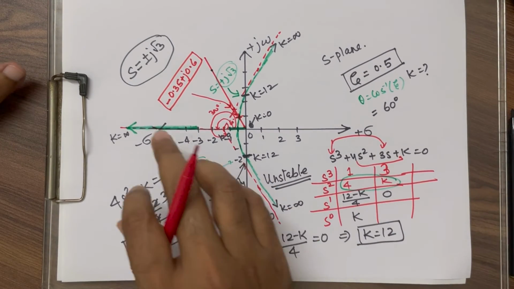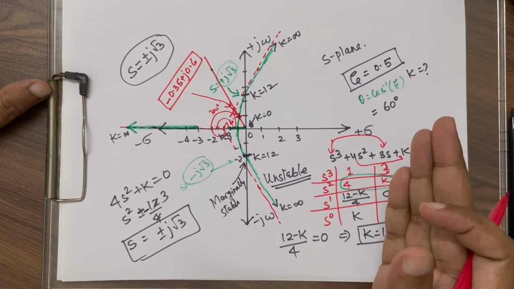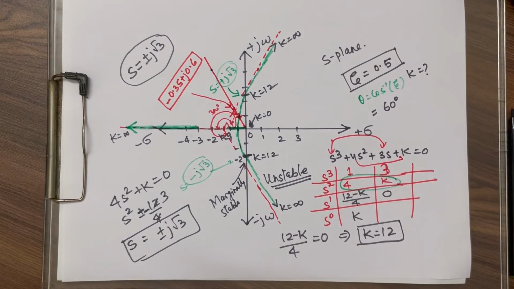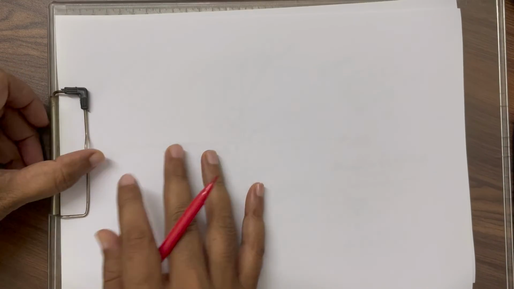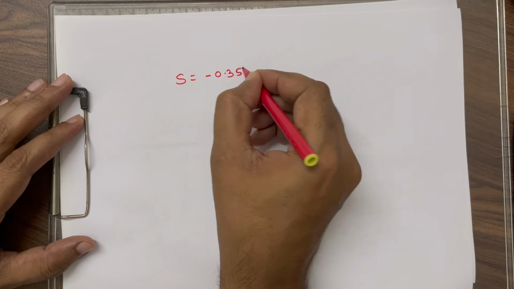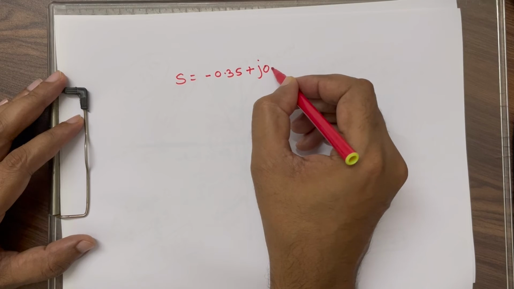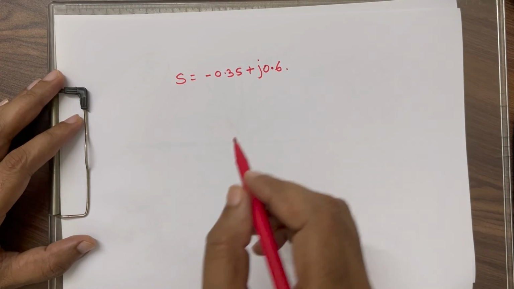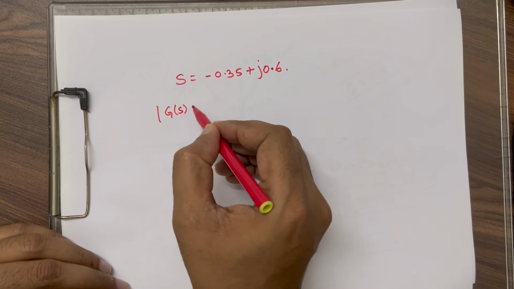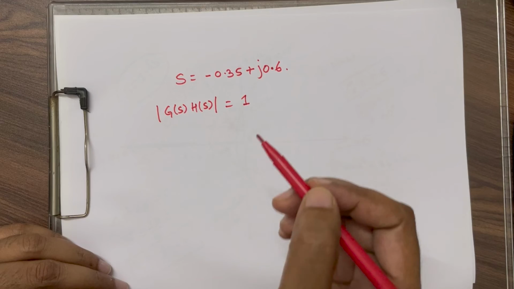So if we take this value as the root, we can find out the corresponding value of k. Let's see how. We have root s equal to minus 0.35 plus j 0.6. For this condition, the magnitude of g of s and h of s should be equal to 1.